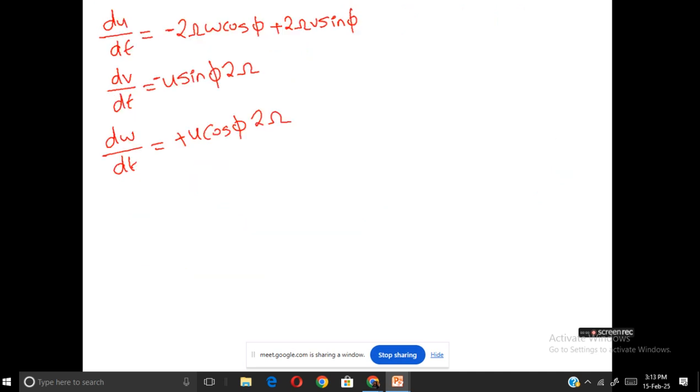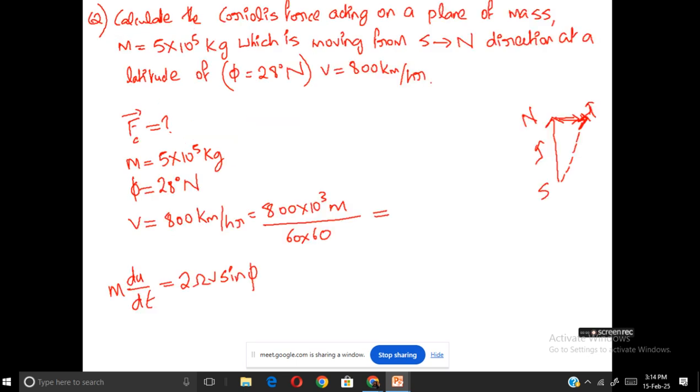That was given by minus 2 omega w cos phi plus 2 omega v sin phi. Here w, the velocity of the object along the z direction, is 0. It only has the v component, as it is moving from south to north. So only v is there, and du by dt reduces to 2 omega v sin phi. That's what we are using over here.